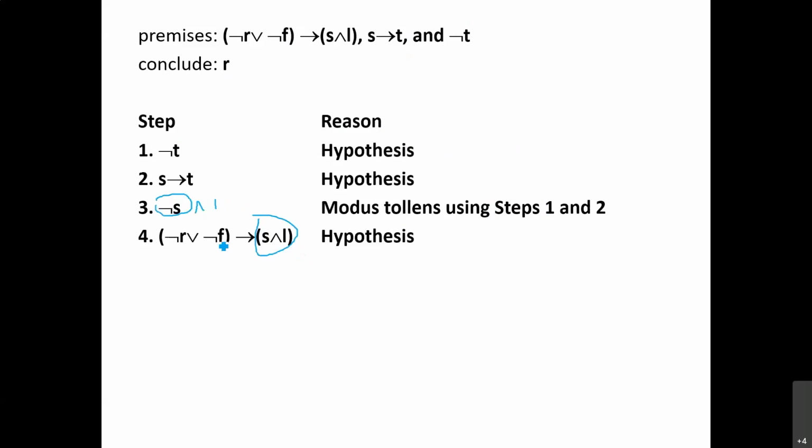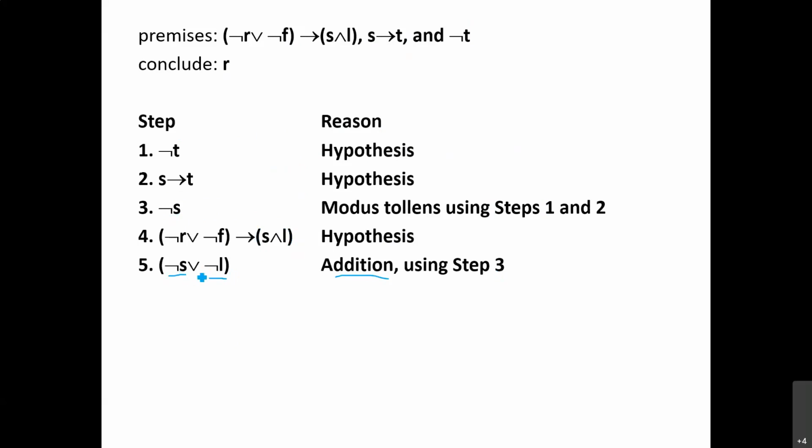So to get that S and I is false, you need not S or not I. You already have not S, so just OR it with not I. Addition, using step 3.